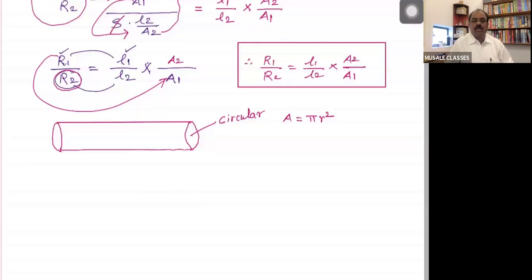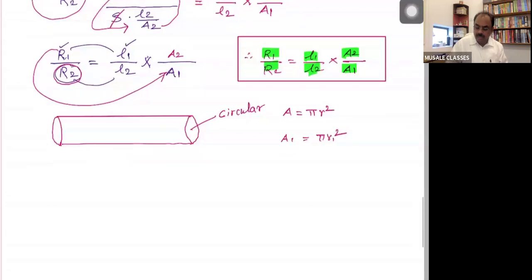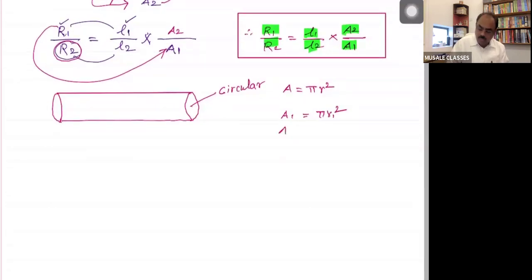Area of the circle is pi r square. Okay. Therefore, same formula. Now, what will be the area? What will be A1? A1 will be pi r1 square. What will be A2? A2 will be pi r2 square.